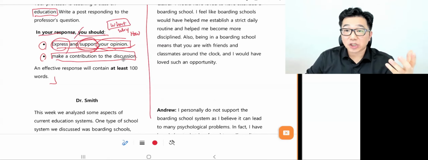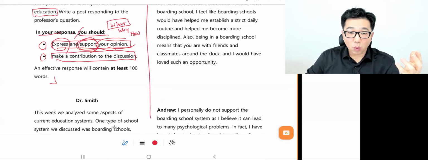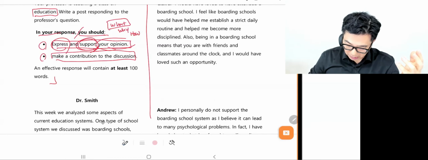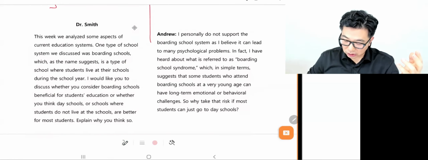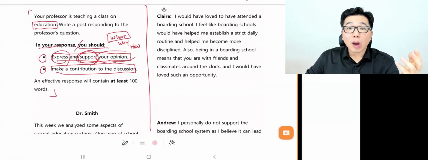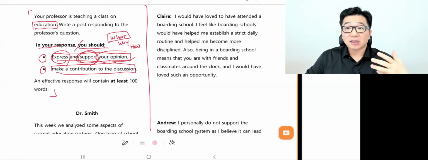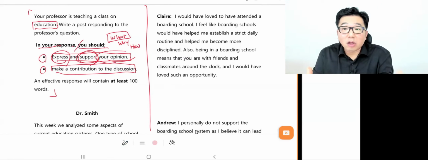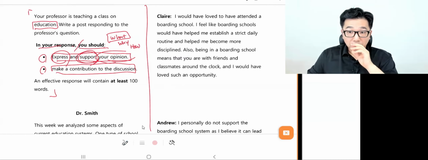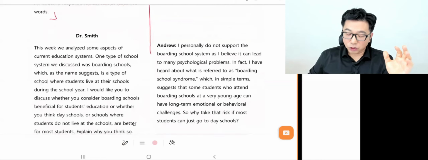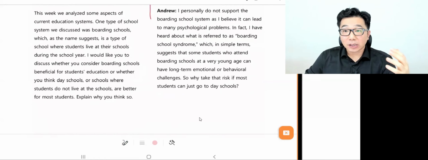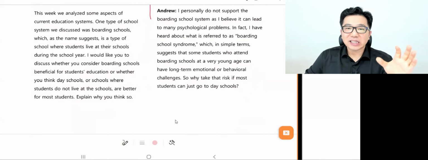What is the discussion? Discussion is the question given by the professor and two answers that two other students have already provided. That's a discussion. Discussion is going on. And if this was a real discussion board, then you are adding your answer as an additional part of the discussion.